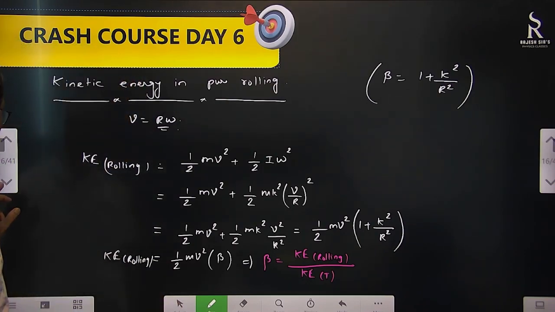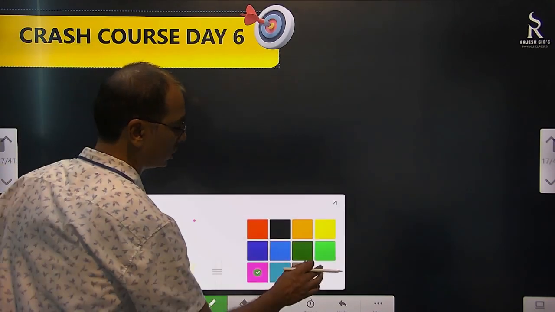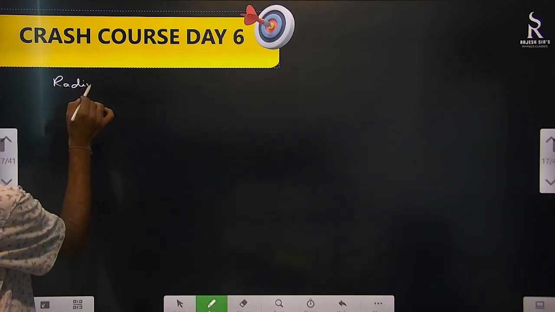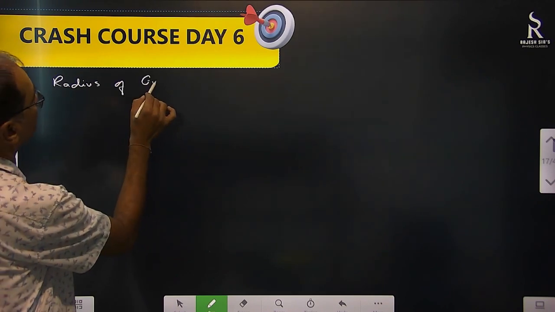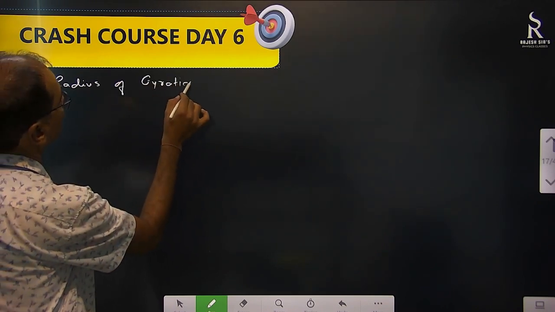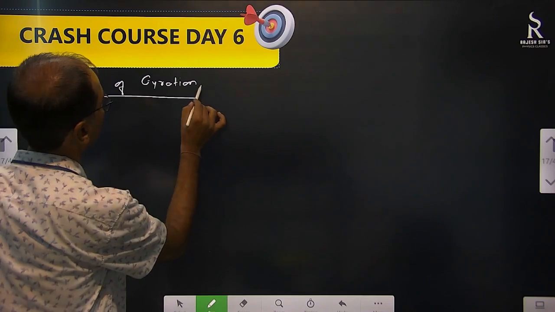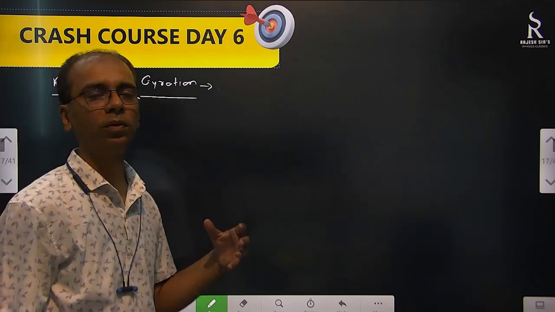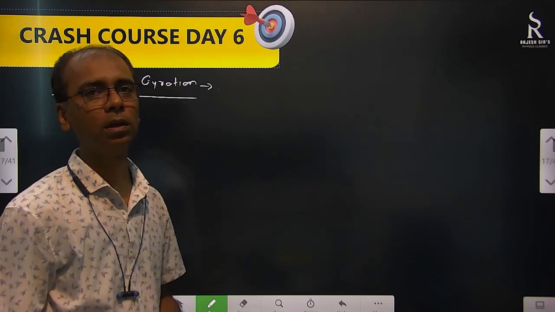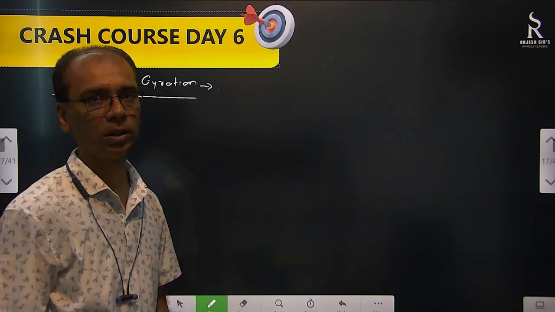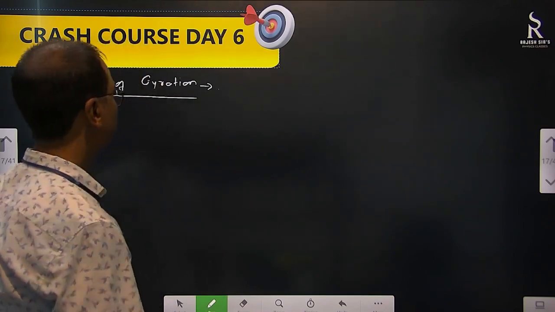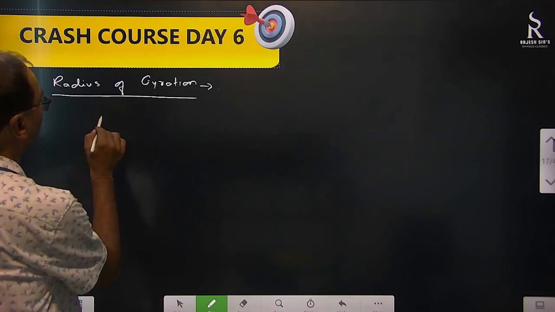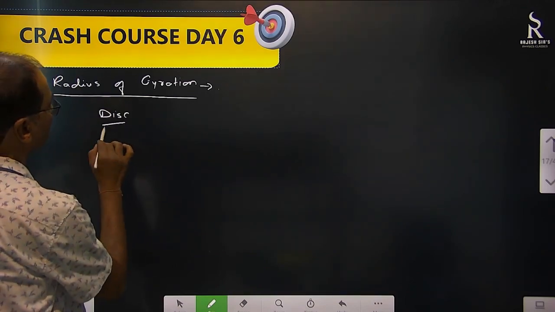Okay, let's discuss what radius of gyration is. Radius of gyration basically tells us the distance between two axes of rotation that we are going to consider. Now suppose I take a disc.